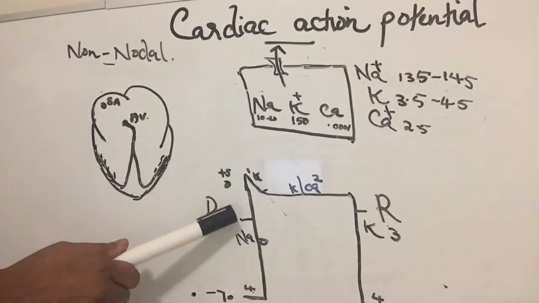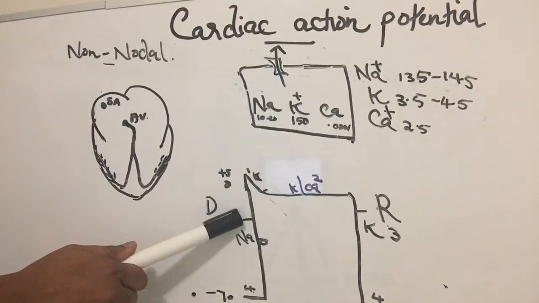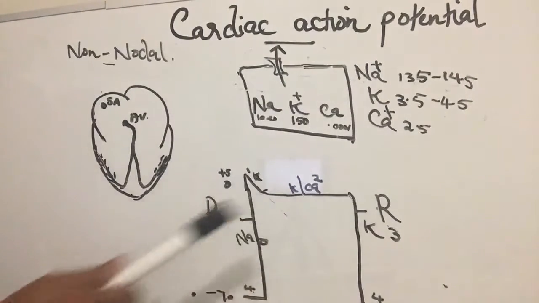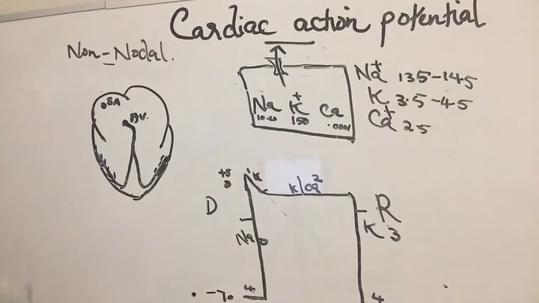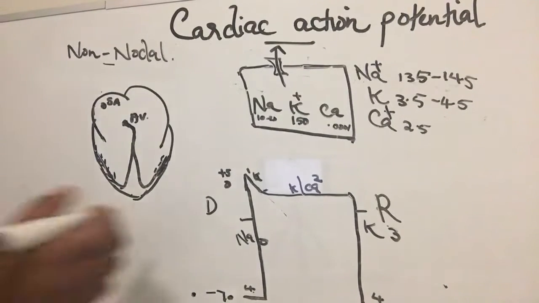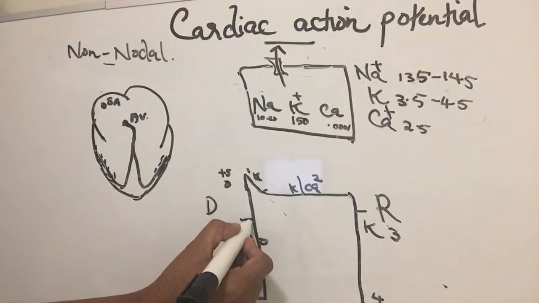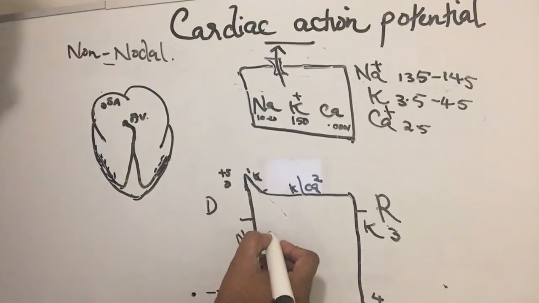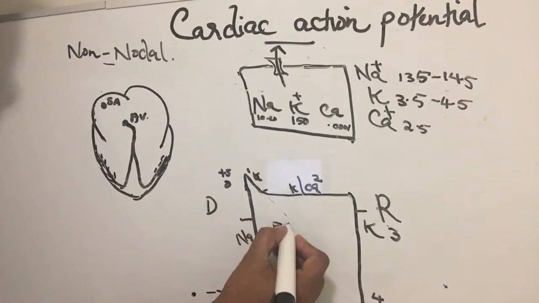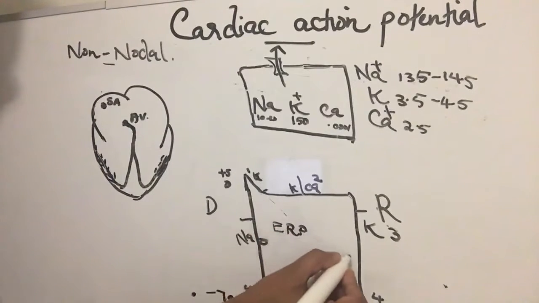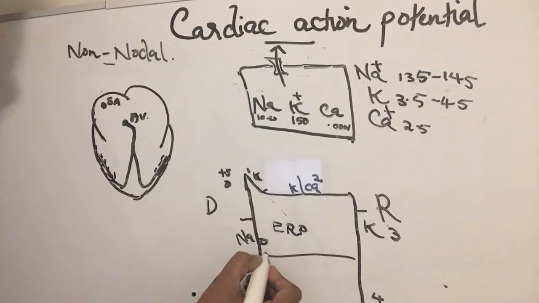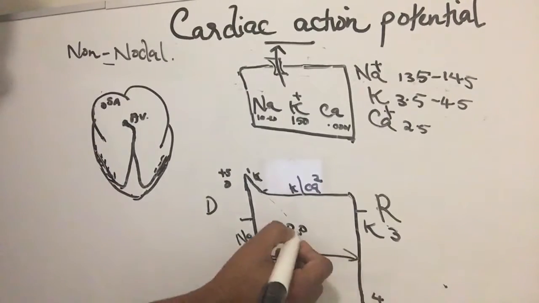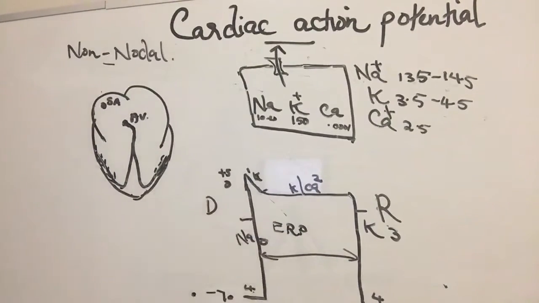Once a cell starts to have depolarization, it has to go through repolarization before another impulse happens. So there is a time between depolarization and repolarization, and that is called ERP, the effective refractory period. And at this time, we can't stimulate another impulse there.